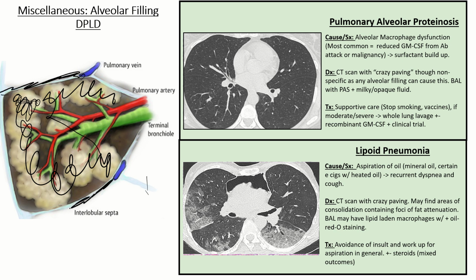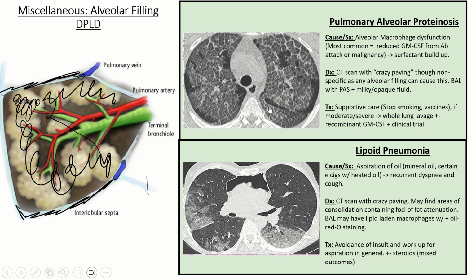These things are cool because you actually see a perfect outline of your secondary pulmonary lobules, secondary to that interlobular thickening, which we see here, as well as some partial or full filling of those alveoli here.